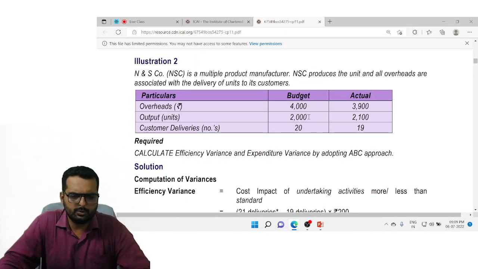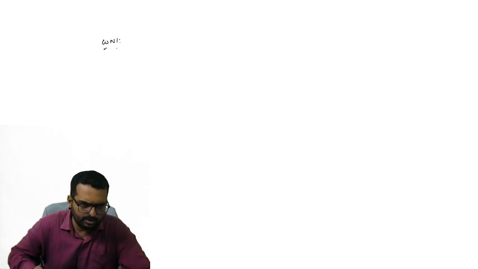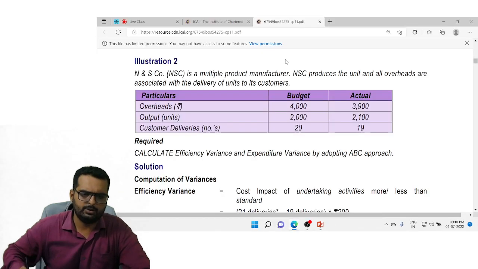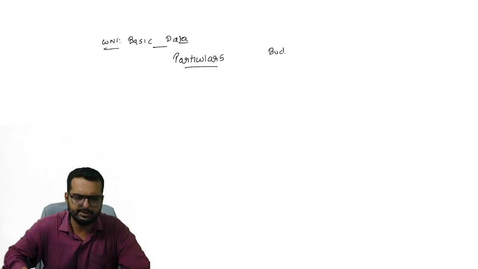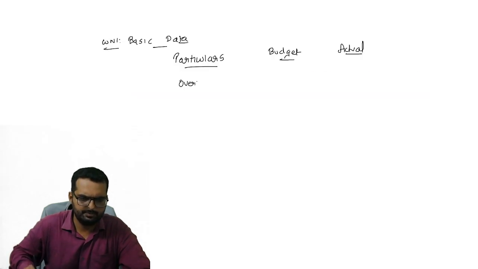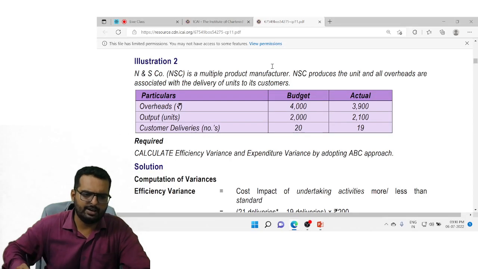All right, friends, we'll do this together now. First, I'll write down working note number one, basic data. Particulars, we have the budget and we have the actual. First, I'll write down the overheads.